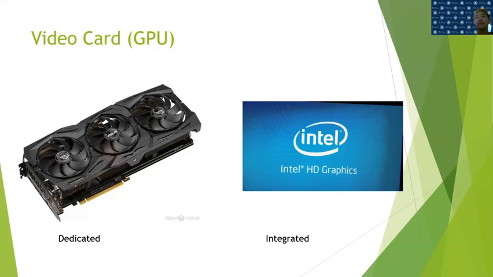The dedicated graphics card is also capable of providing a lot more computational power compared to the integrated graphics card. So it's also useful if you are doing an activity like I mentioned before, such as gaming, video editing, or Bitcoin mining, that requires a lot of the graphics card.